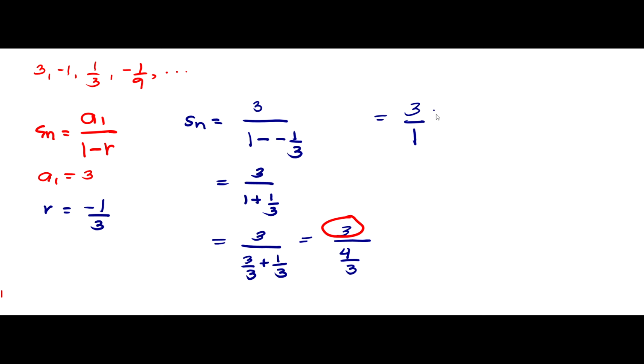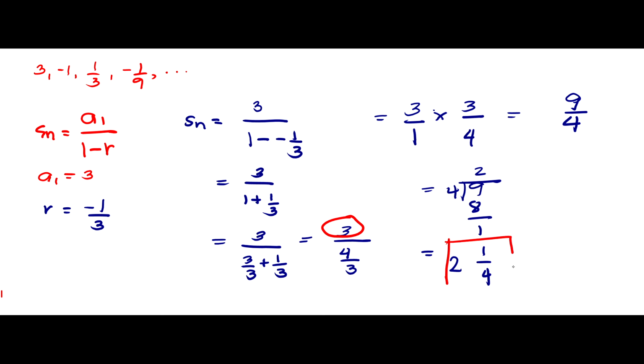So, 3 times, baliktarin nyo to, 4 over 3, that's 3 over 4. The answer is 9 over 4. Or, pag dinivide natin yan, that's 2 and 1/4. This is your final answer.